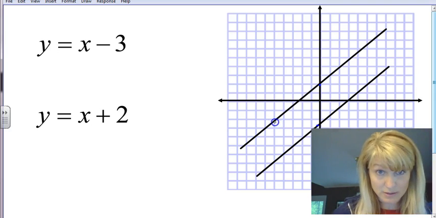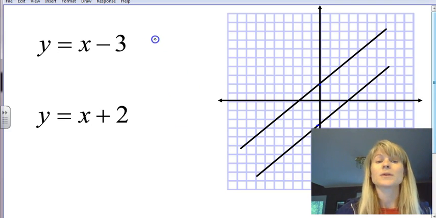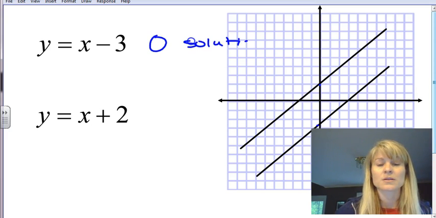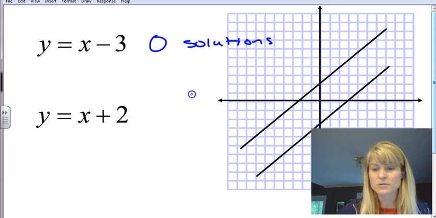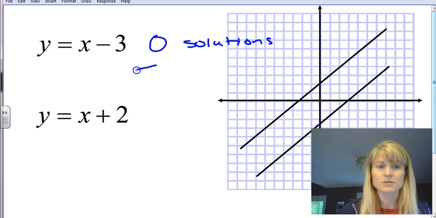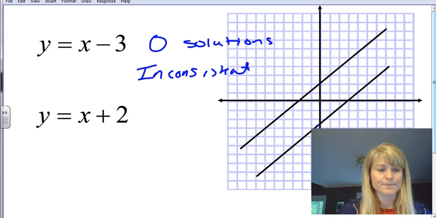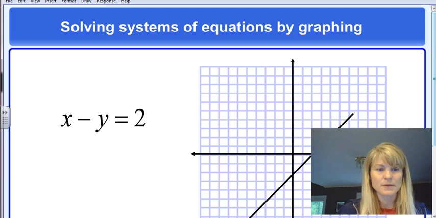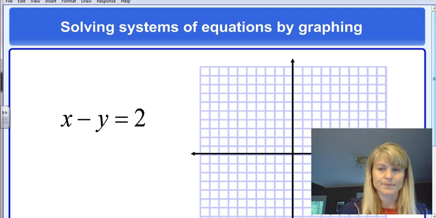How many do you think they share? That's right, they share no points. So there are 0 solutions. If a one solution system is consistent, a 0 solution system would be inconsistent.